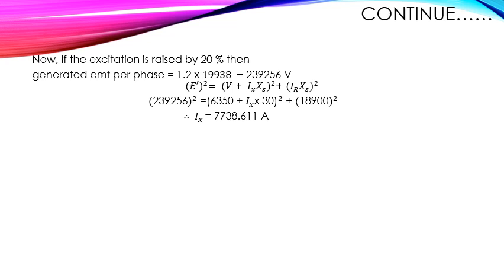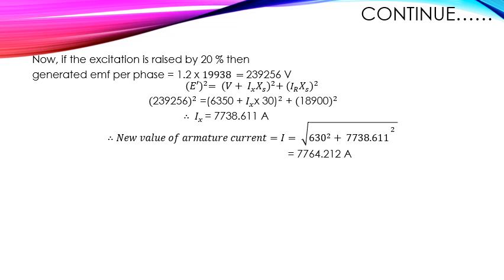So using this equation we can determine the value of reactive component of the current, that is Ix, right? Then using this Ix we can find out the new value of armature current, and that is what? Square root of the square of in phase component of the current plus the square of reactive component of the current. So I is equals to the square root of 630 square plus 7738.611 square, right?